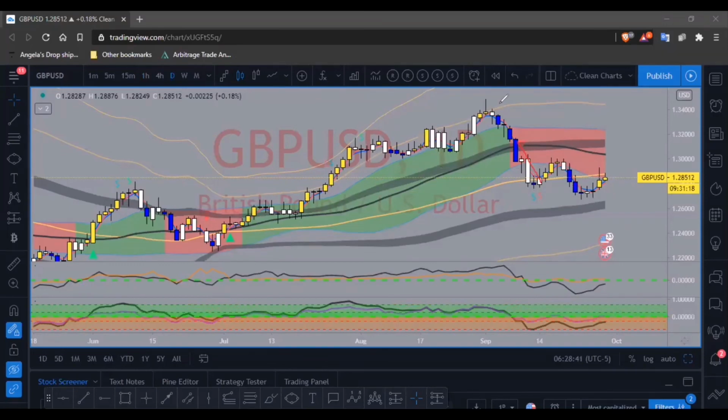But as for the GBPs right now, GBPUSD did drop for like probably 3 weeks in a row. So retracement is needed, you know. Let me go on to the 4-hour time frame.